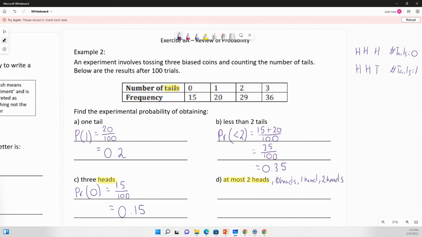But remember, this table is written in tails. So if you've got 0 heads, that's when you have 3 tails. 1 head is when you've got 2 tails.